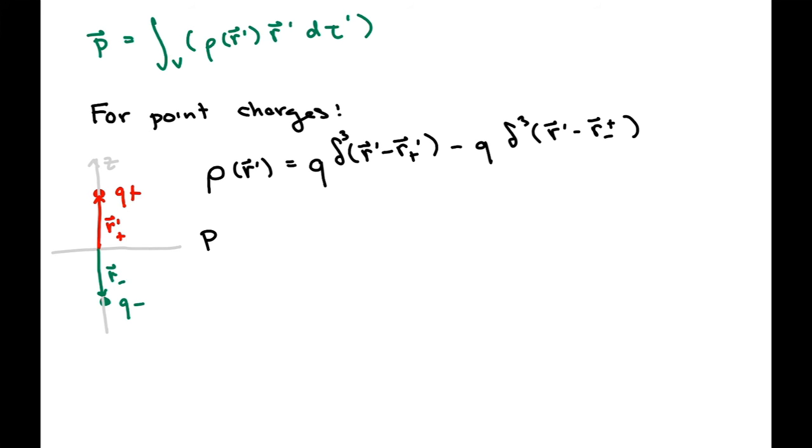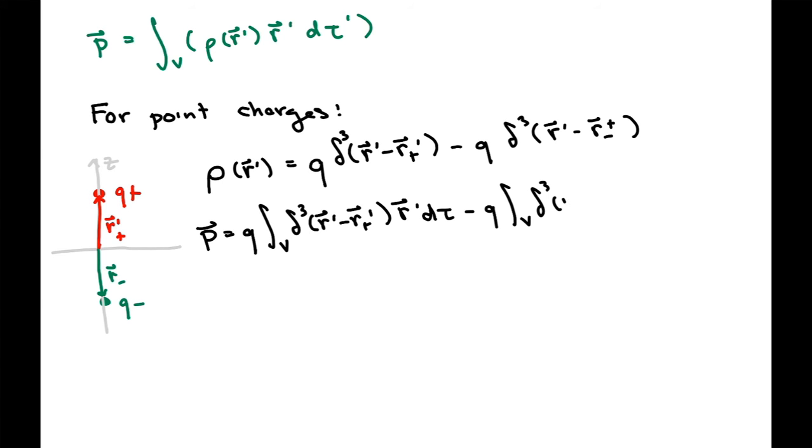Now when I plug that in for my integral for the dipole moment, I can split that integral up into 2 bits. I'm going to pull the q out of each integral though. Q, and our first integral, we're going to end up with that Dirac delta of r prime minus r plus, evaluated at the r here, d tau, and then I'm going to get minus q, a similar looking thing here.